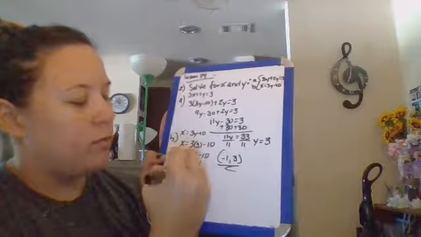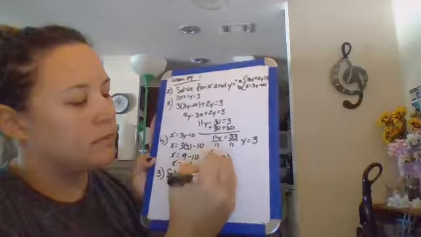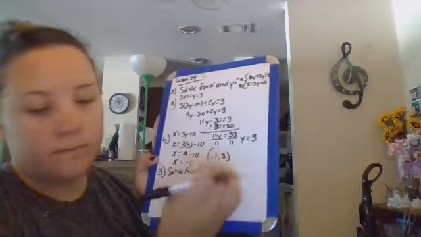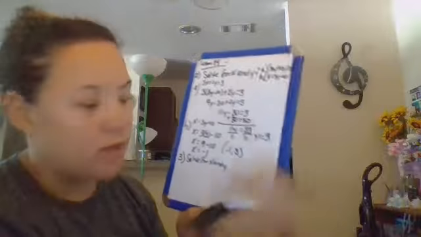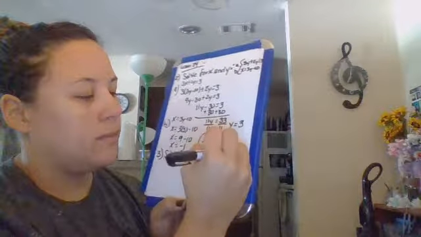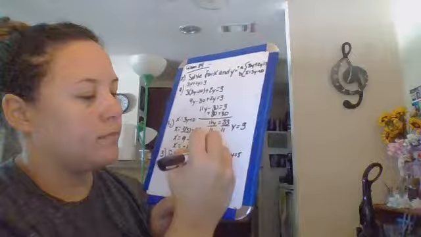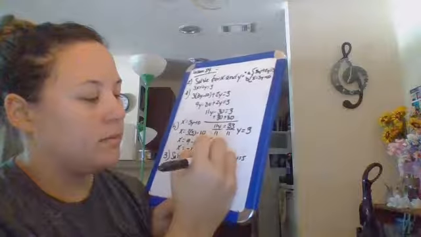So we're going to solve for x and y. My first equation is 2x plus 3y equals 5. And the second one is x equals y.